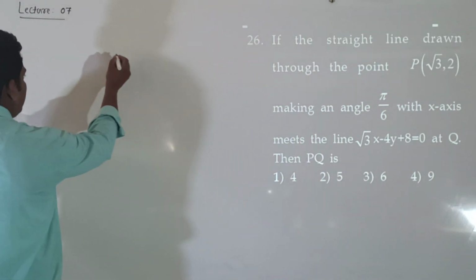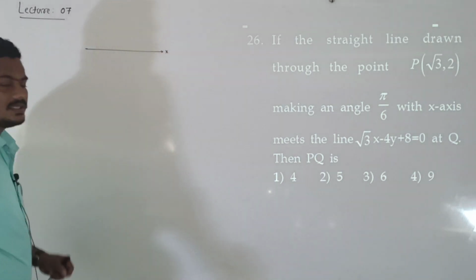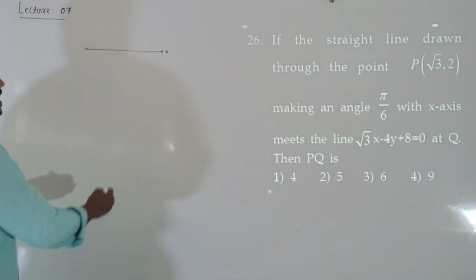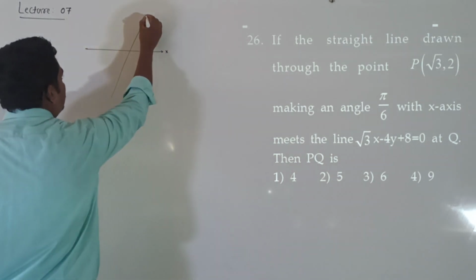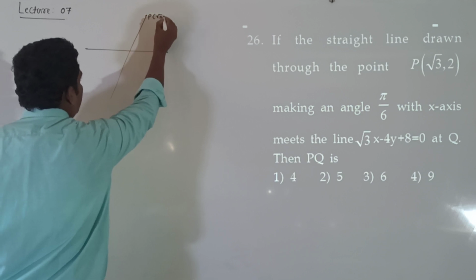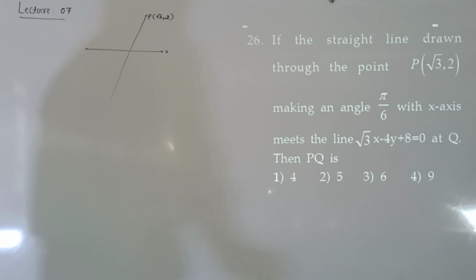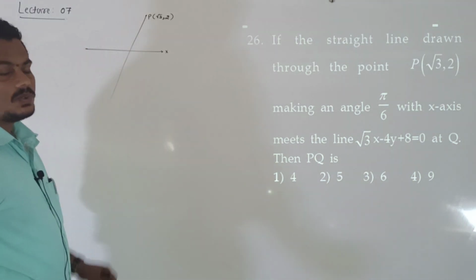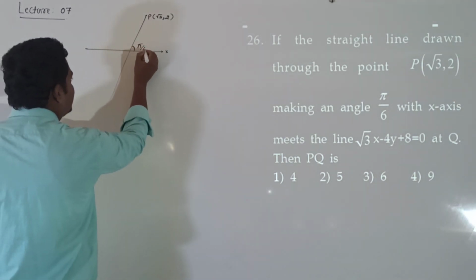What is the given condition? Suppose this is the x-axis, right? A line is drawn through the point P of (root 3, 2). A line is drawn through the point (root 3, 2) and makes an angle pi by 6 with the x-axis.